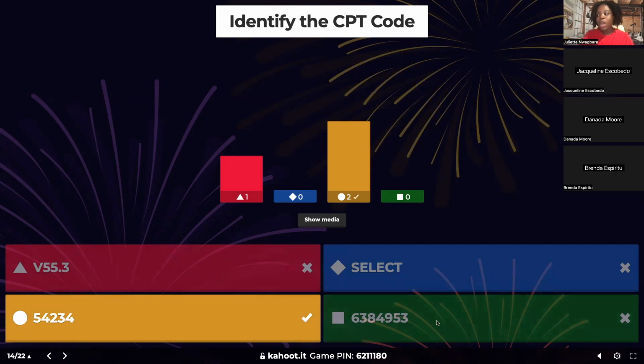Then I put this one on here to kind of throw you off because there's 7 and the rule is that it should be 5. Okay, so that is why the answer here would be 54234. Okay, so make sure that you know the rules when it comes to CPTs, ICD-10s, and be able to recognize them as well as know the purpose of them.